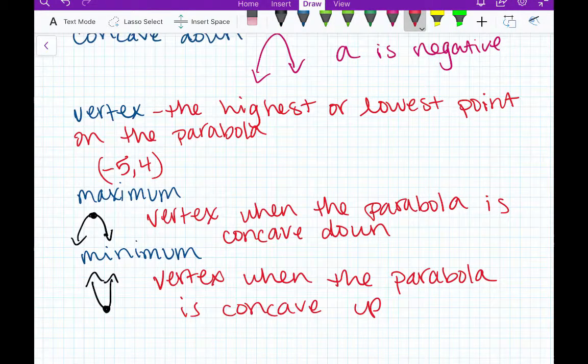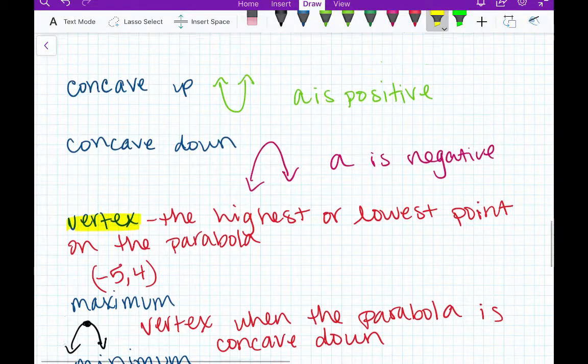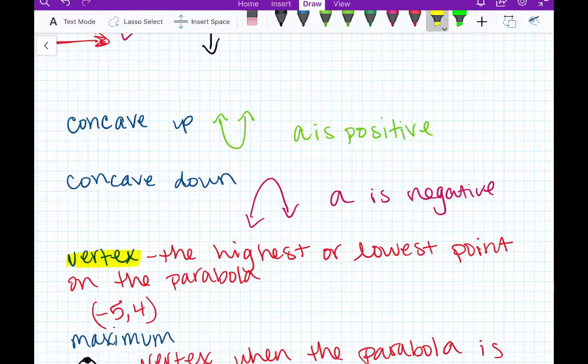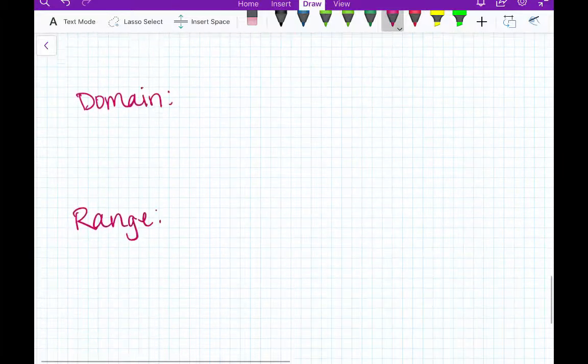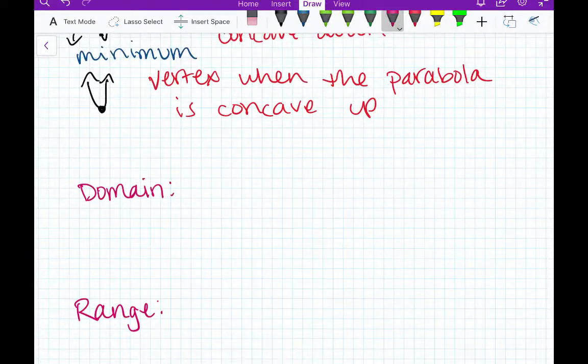So a parabola always has a vertex, but a parabola cannot have both a maximum and a minimum. It's one or the other, depending on if it's concave up or concave down. And remember, you should be able to identify if it's concave up or concave down based on this A up here. A is positive, we know it's concave up. A is negative, we know it's concave down.